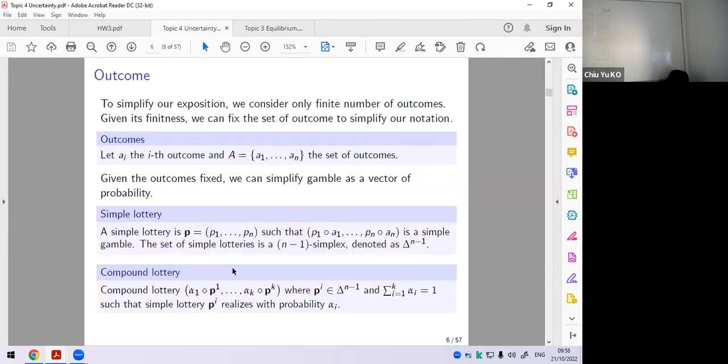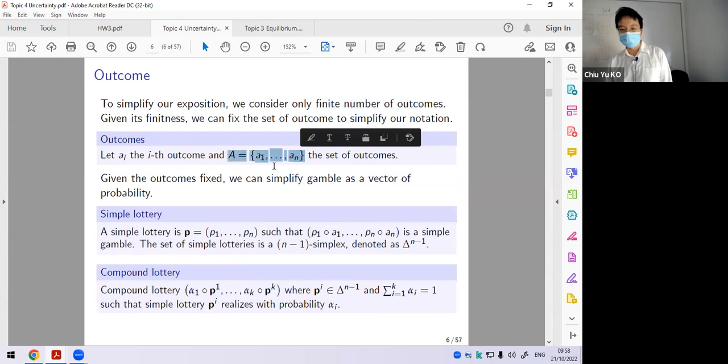The next thing is about outcomes and lottery. We focus on a finite number of outcomes, up to n, which is fixed. Well, n is very large, so in general it's not an issue.